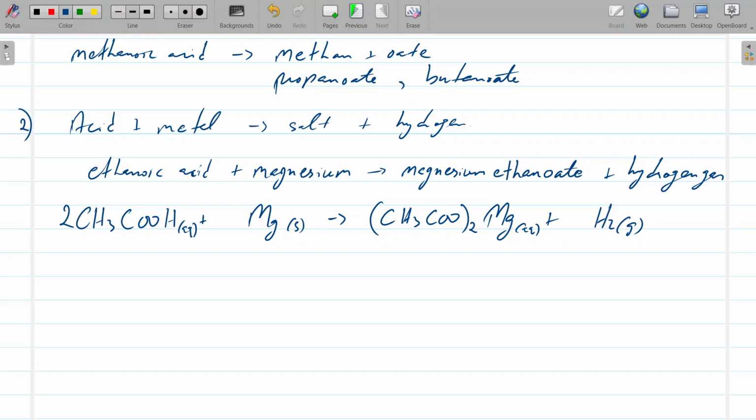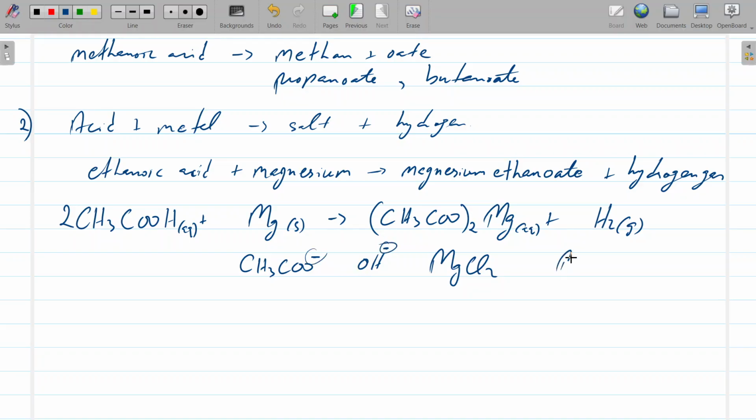Now this looks scary, but just think of this as MgCl2. So the CH3COO, what's the oxidation number? It's only -1. It's like an OH minus, kind of. Not the best comparison, but the charge is the thing.